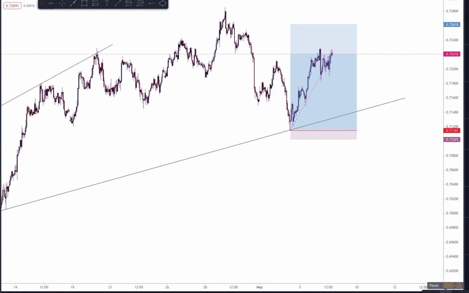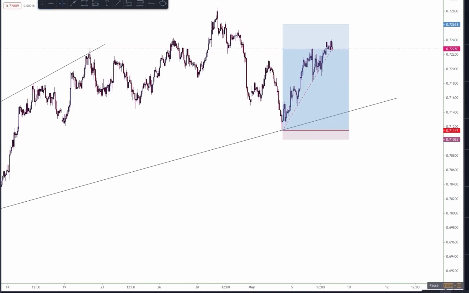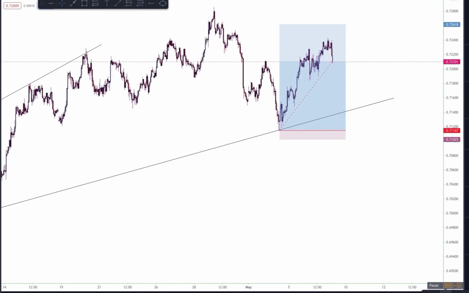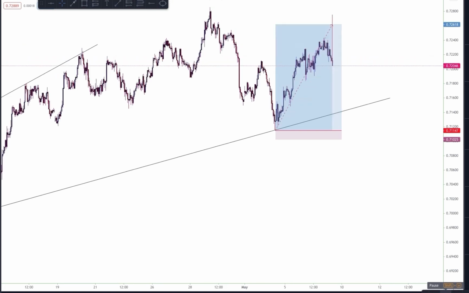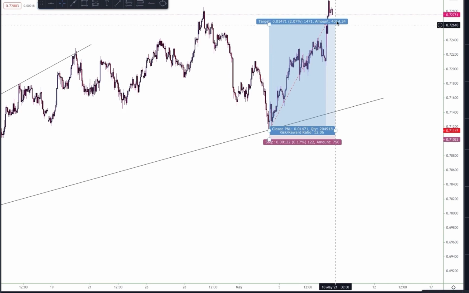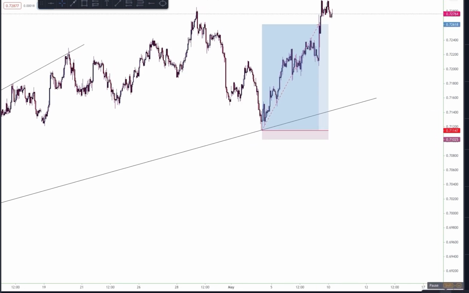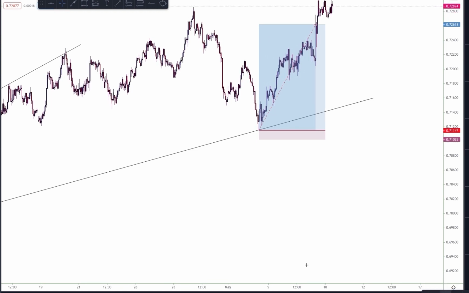You have a target. Because it is an uptrend, there is a high possibility it might even go beyond where your take profit is. So just leave it. You see, our take profit hit. So this is how you can simply take a trade with the trend line.